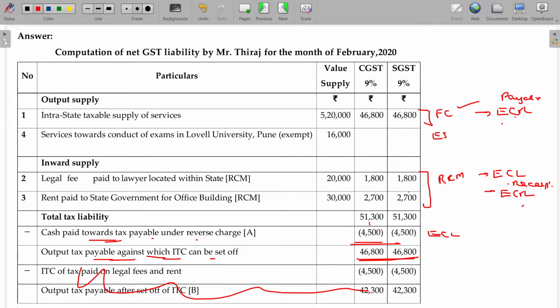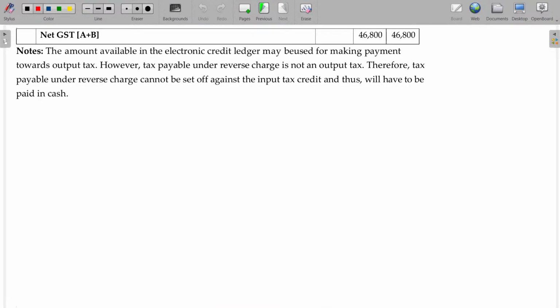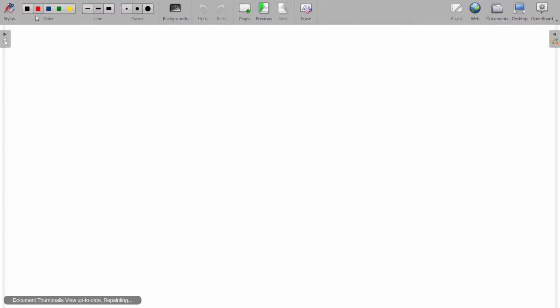Clear? So this working you can skip. Understand this.